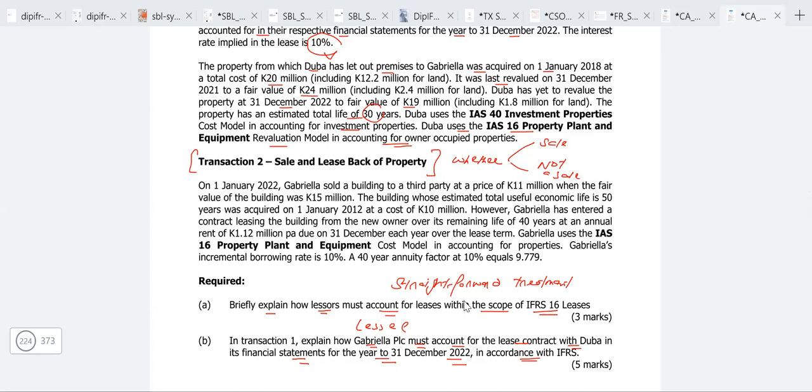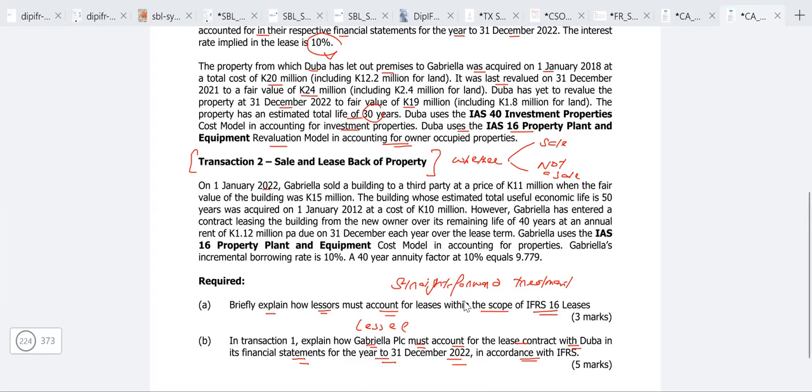If it is not a sale, then the seller lessee will keep the asset in their books because they still have the control. Instead, they will record a financial liability in their books because they have just taken a loan based on their asset. It is just a financing arrangement. So this is what you need to write in the question.